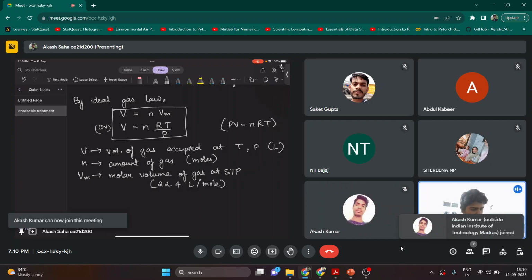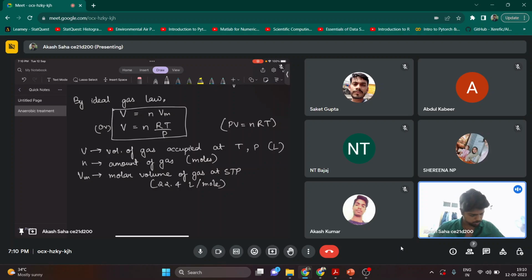So the molar volume of gas at STP will always be equal to 22.4 liter per mole, and R is the universal gas constant. It is generally taken as 0.082056, and the unit is liter atmosphere per mole Kelvin.